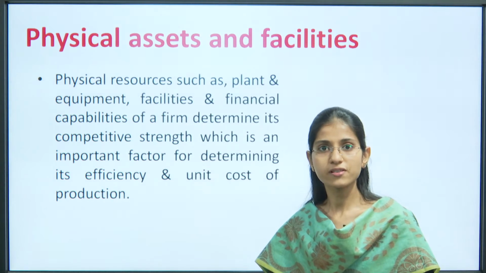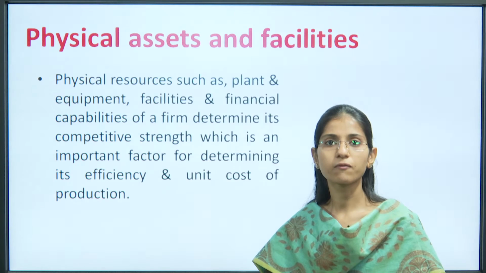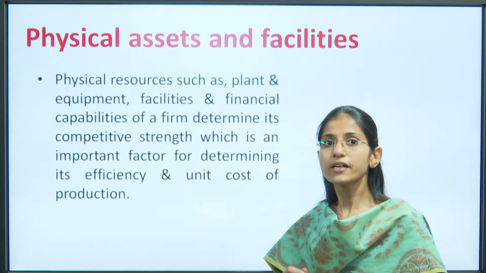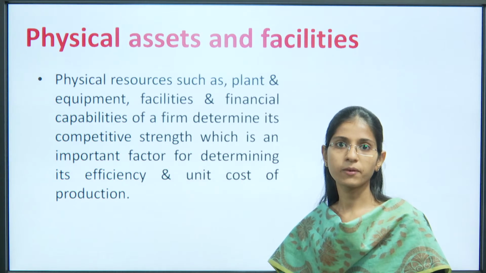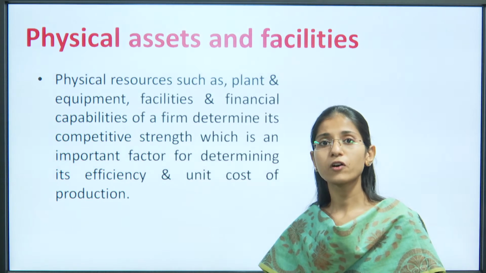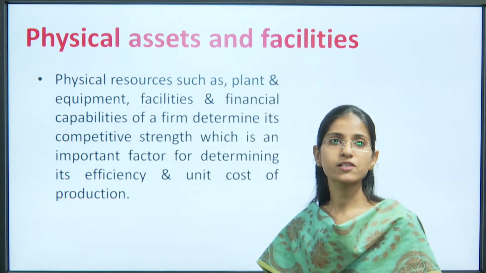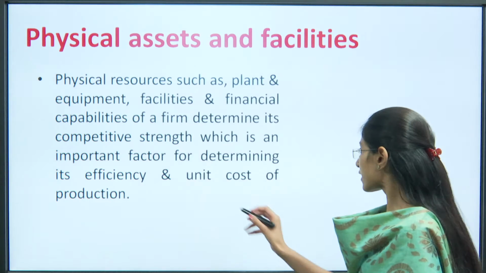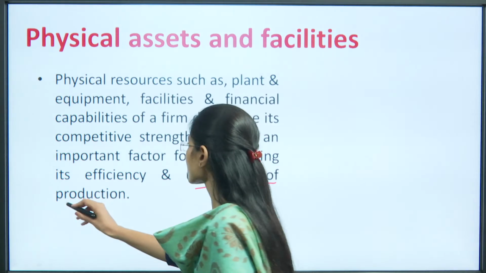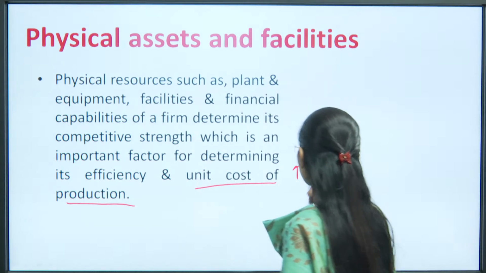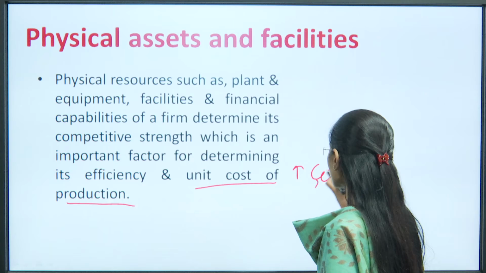If an organization has good facilities and good physical assets, its overall cost of production may reduce, and if the organization does not have the same, it may lead to an increase in the cost of production, and an increase in the cost of production will ultimately increase the cost of the product.